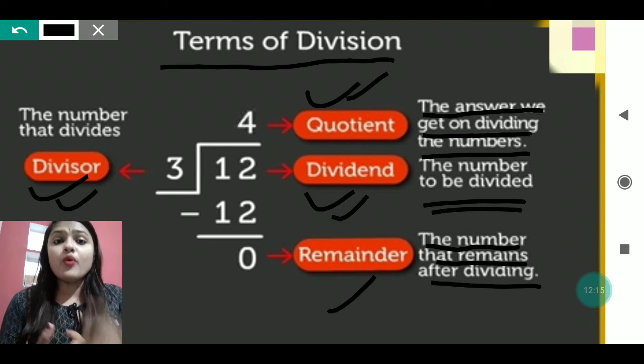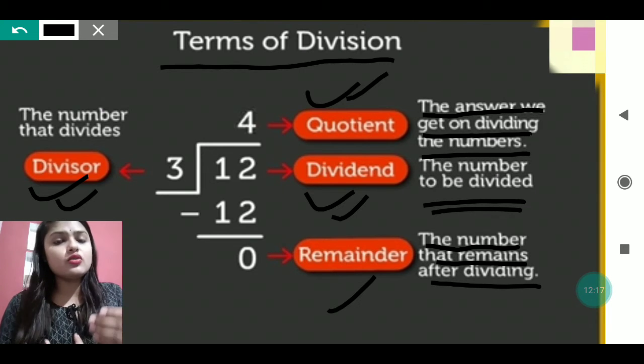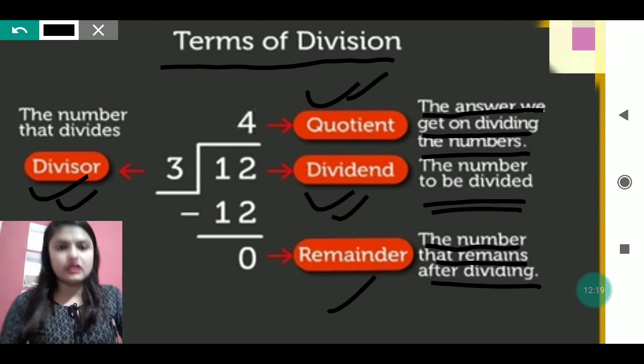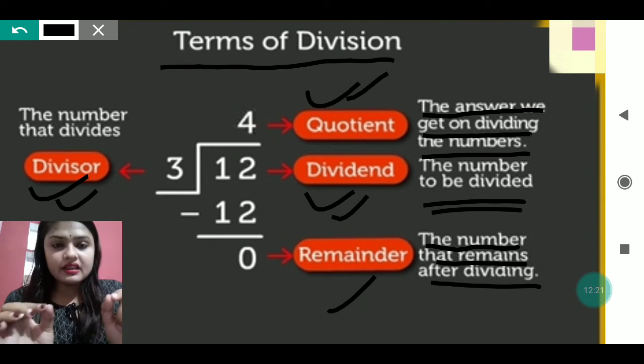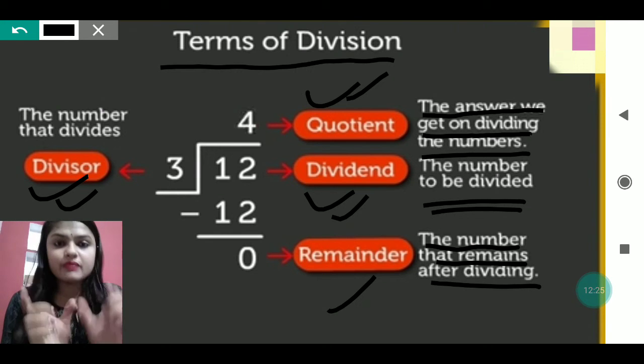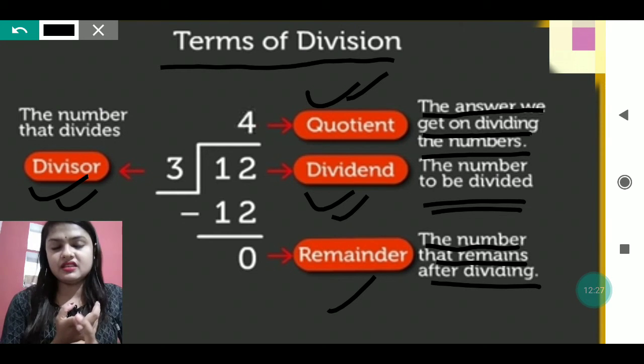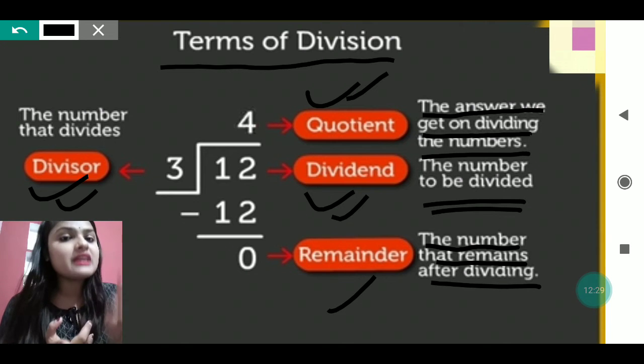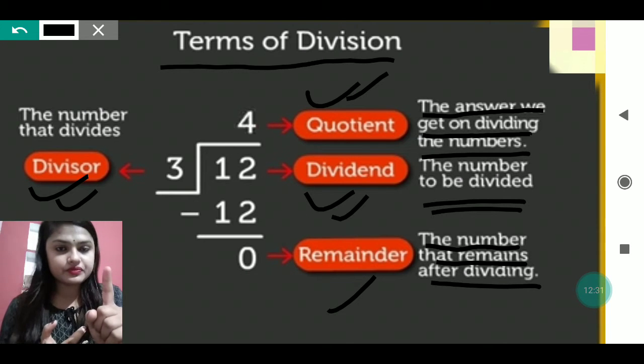But that is the remainder only if the last number you get is smaller than the divisor.